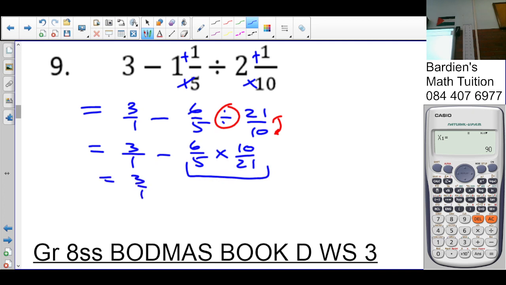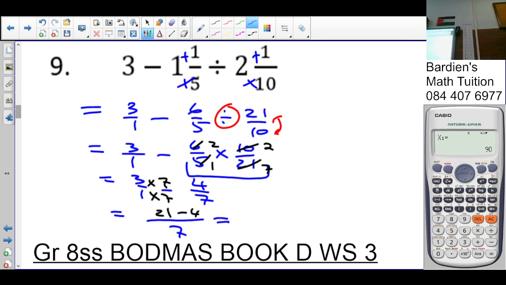So it's 3 over 1 minus, 5 and 5 once, 5 and 10 twice. 3 goes into 21, 7. 3 goes into 6 twice. So it's 4 over 7. What's the LCM? 7. I times that by 7 gives me 21 minus 4. 21 minus 4 is 17 over 7.